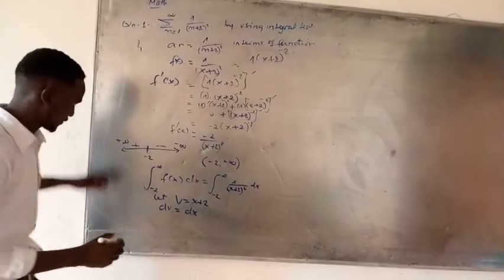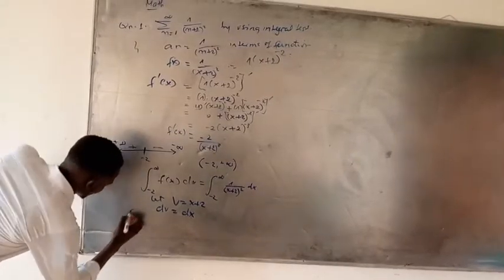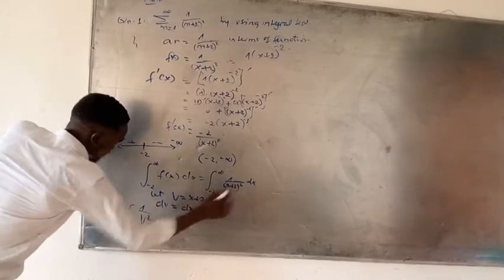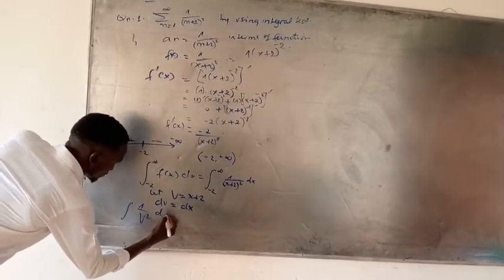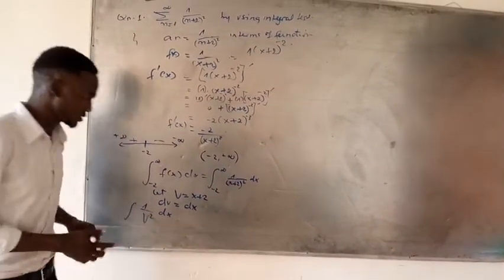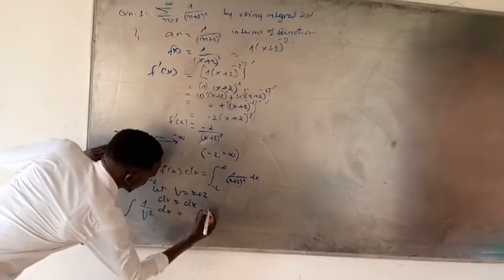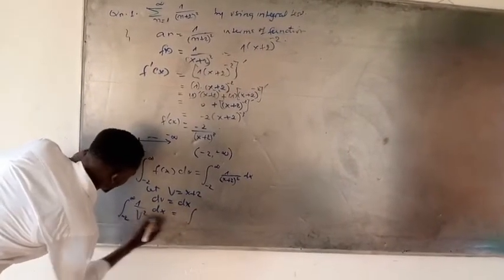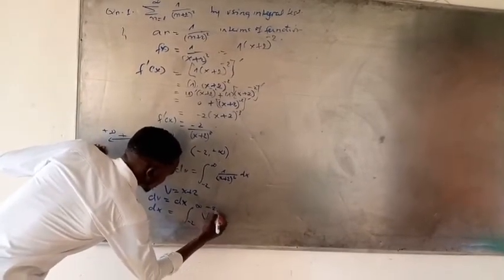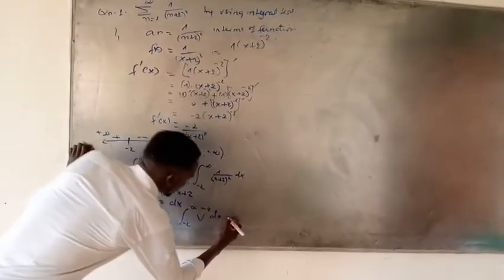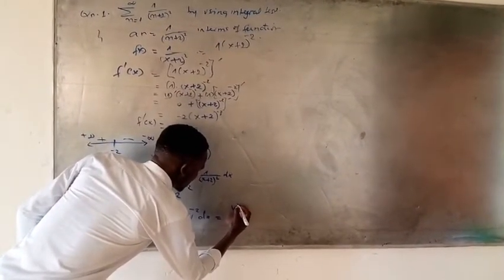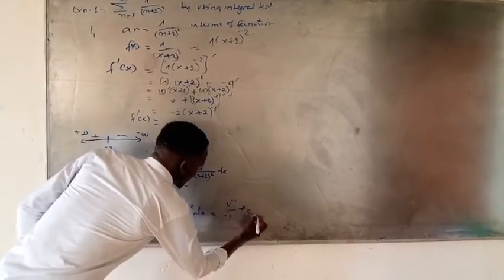Then after this, we will find the integral of 1 over v squared, dv. Here, the integral of this will be equal to the integral from negative 2 to infinity of v to the power minus 2 dv, and this will be equal to v to the power minus 1 over minus 1 plus c.